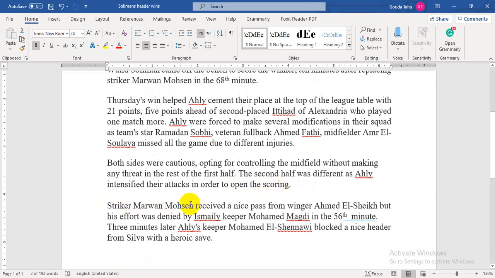Striker Marwan Mohsen received a nice pass from the winger Ahmed Sheikh, but his effort was denied by Ismaili keeper Mohamed Megji. In the 56 minutes, 3 minutes later, Al Ahly's keeper Mohamed Shinawi blocked a nice header from Silva with a heroic save.